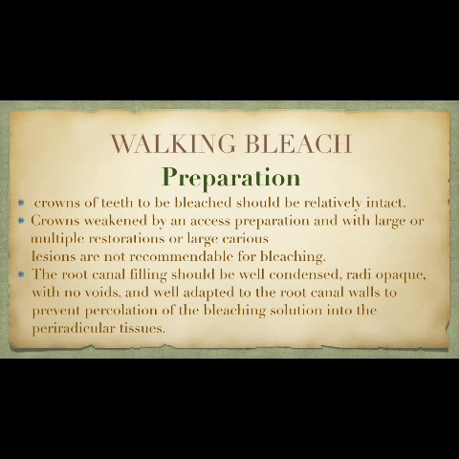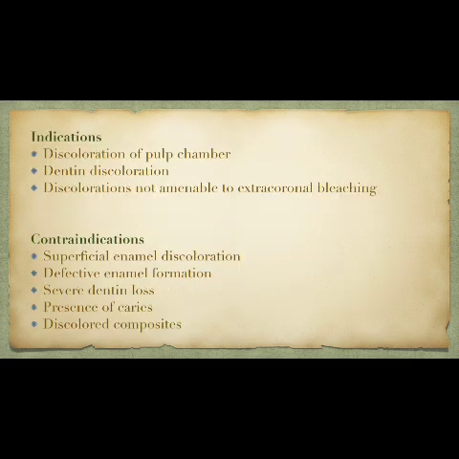Then for endodontically treated teeth, the root canal filling should be well condensed, radio opaque with no voids and well adapted to the root canal walls to prevent percolation of the bleaching solution into the periradicular tissues.